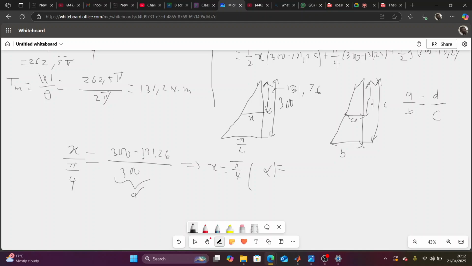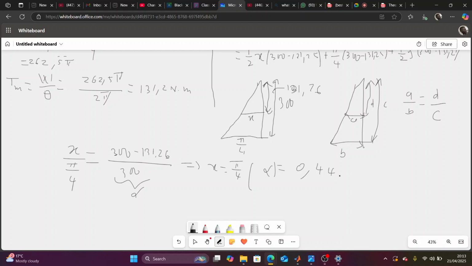Pi over 4 multiplied by 300 minus 131, divide by... Oh, okay. You want the full answer? Yeah, just the full answer. Okay. It's 0.44. Oh, we get 0.44, right? Yeah.